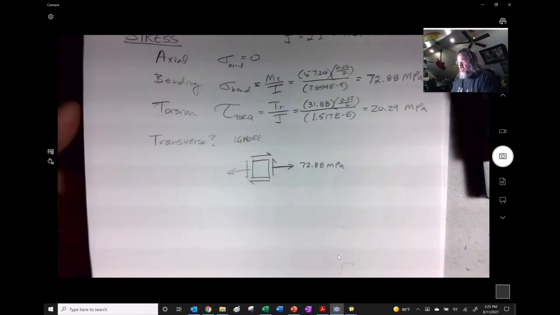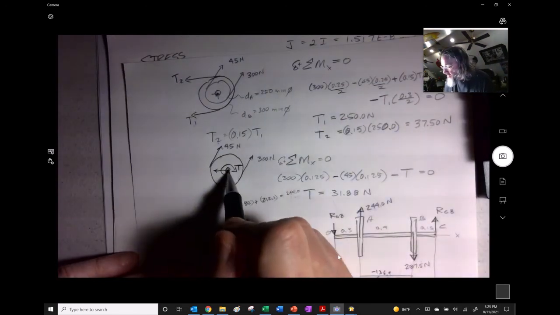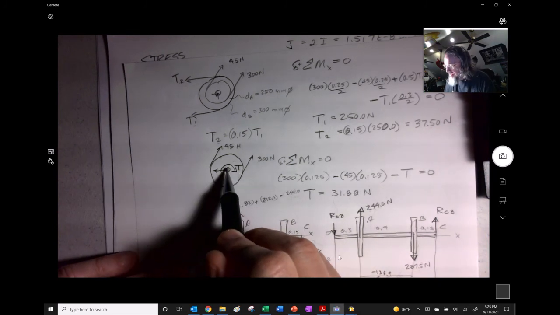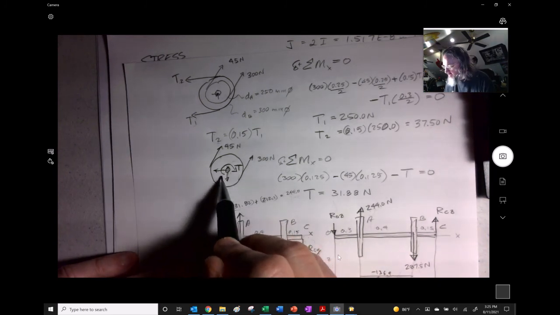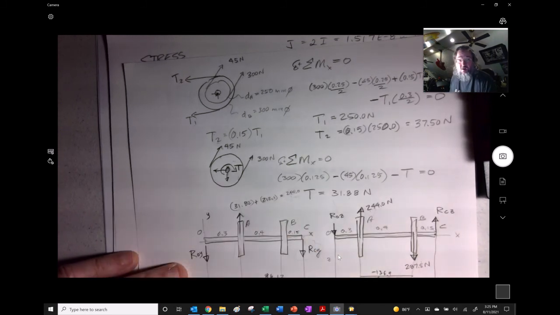We could probably have taken this diagram right here and said, well, okay, because this is pulley A, if we're looking at this right here, here's the reaction. This is what's coming onto the face of that.